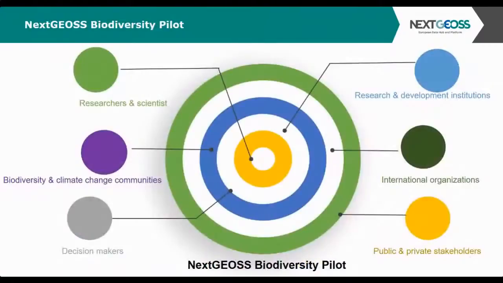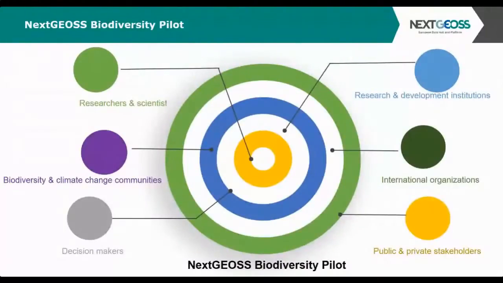As I said, we have different target groups to use the NextGEOSS Biodiversity pilot community portals or data hub. More importantly, we have a variety of users who can use these portals: researchers, scientists, research and development institutions, universities, national or international organizations, public and private stakeholders, or decision makers.